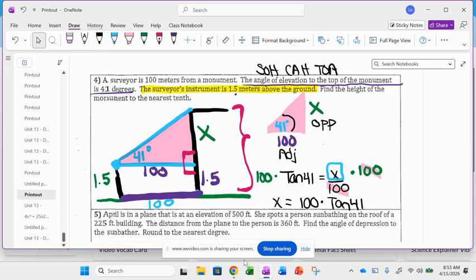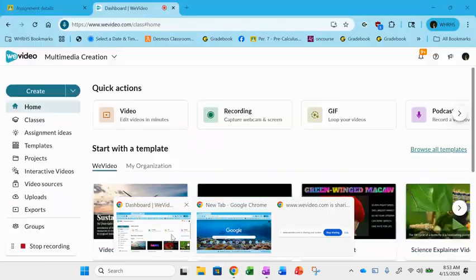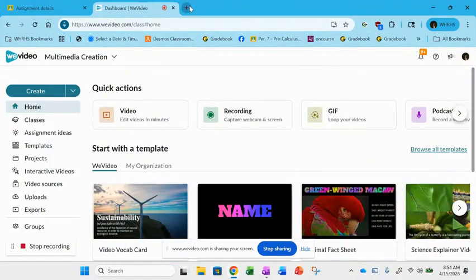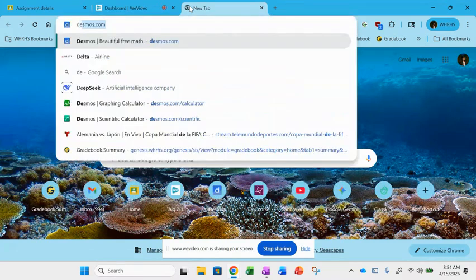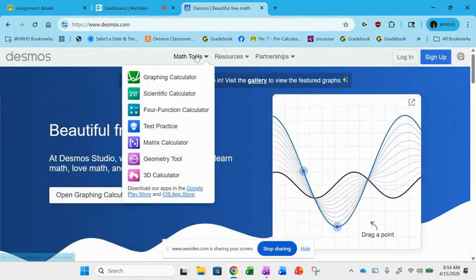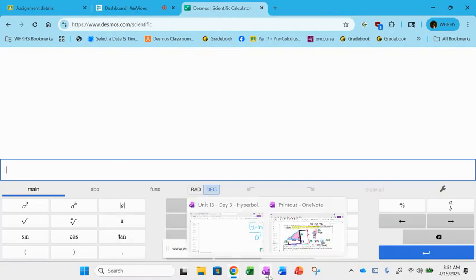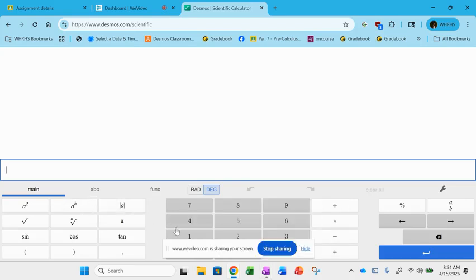So let's go into Desmos now. Here's my Desmos. So remember, go to scientific. And I'm going to do, what was the problem? 100 times the tangent of 41.